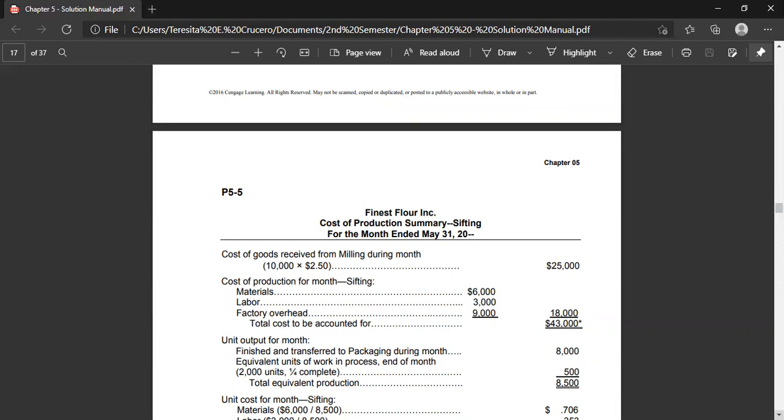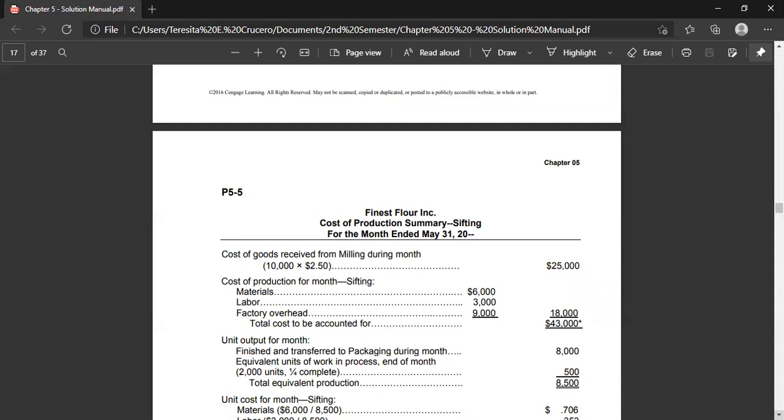Okay. So we multiply the units of 10,000 transferred in, and we multiply that by 2.50. So you get 25,000. Then we have the cost of production for the month for the shifting materials 6,000, labor and factory overhead 3,000 and 9,000 respectively.